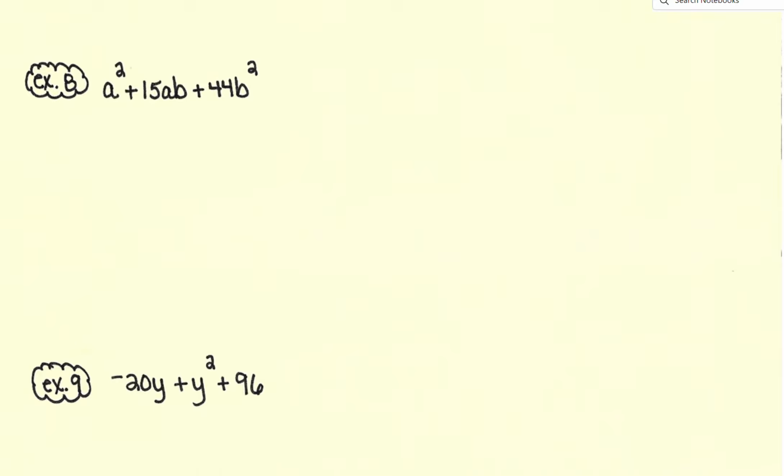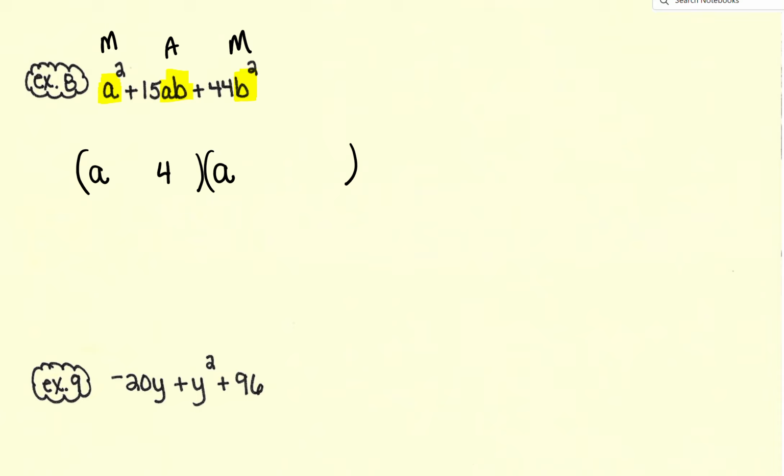All right, let's take a look at example 8. And we want to multiply, add, multiply. Notice on this one you have double letters. We have a squareds in the front. We have b squareds in the back, and since you have a's in the front and b's in the back, that's why you have a's and b's together there. So we're still going to think what multiplies to get a squared, a and a, what multiplies to get 44 but can add to get 15, so you're kind of thinking of your possibilities.